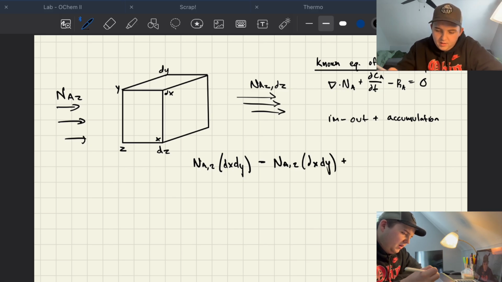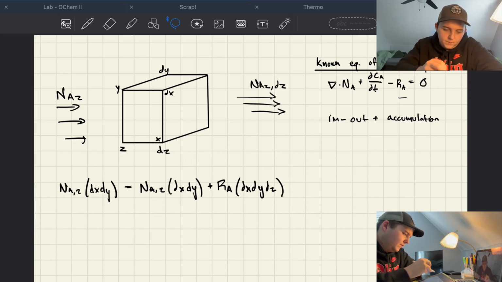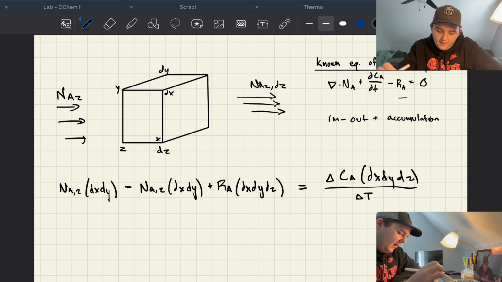And then we're going to add our generation term, which up here is going to be R_A, multiplied by dx dy dz in this context too. And that is all going to be equal to delta C_A multiplied all the way through, over delta t.